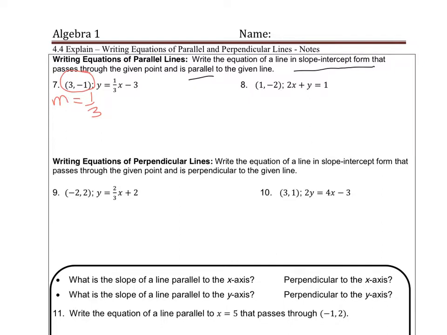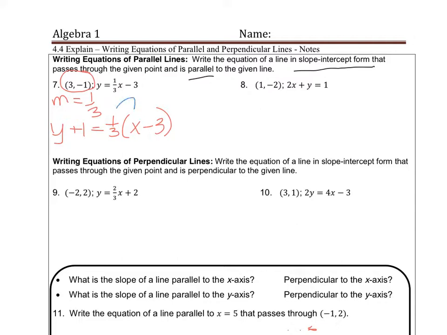So we can go ahead and write it in point slope form. That'll get us started. So y minus -1, which is the same as +1, equals 1/3 x minus 3. And then we have to solve this for y to get it into slope-intercept form.